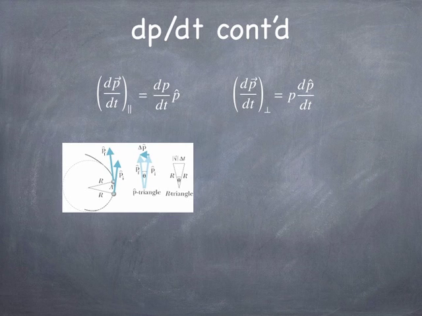And notice that the change in p hat is a small vector, and in the limit that the time interval becomes small, you can see that this small vector, delta p hat, is going to be perpendicular to p hat. Notice that there's an angle theta. Theta is the angle through which the thing has gone.